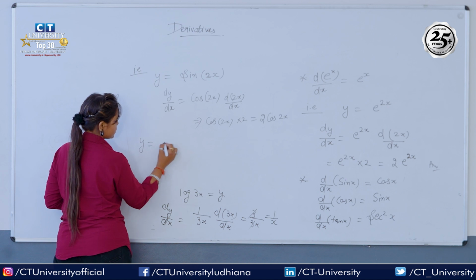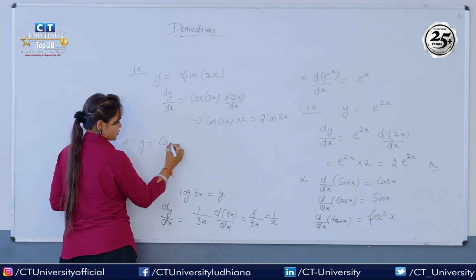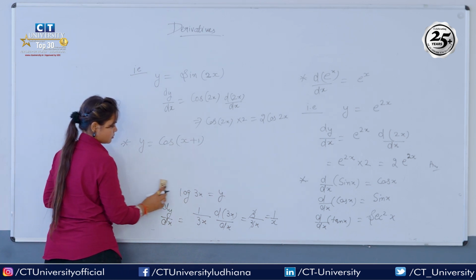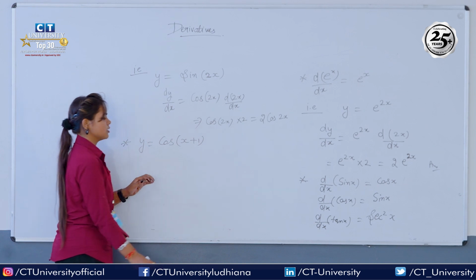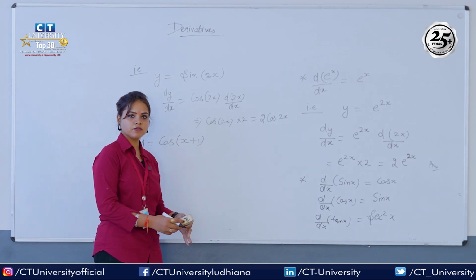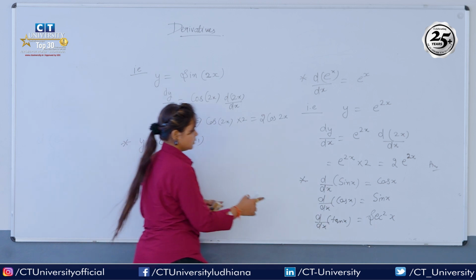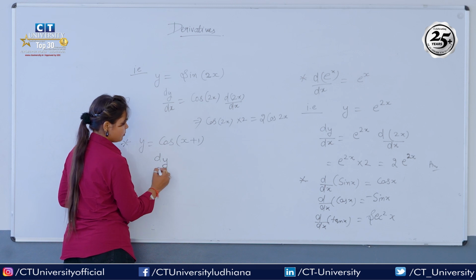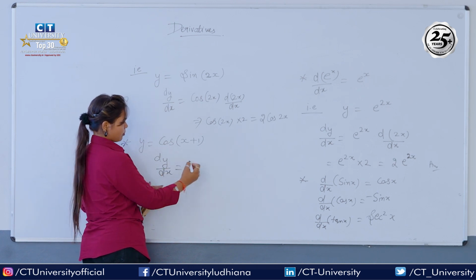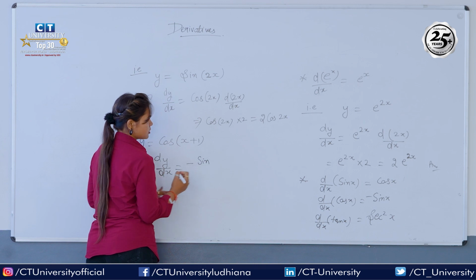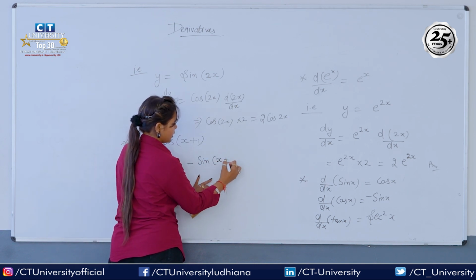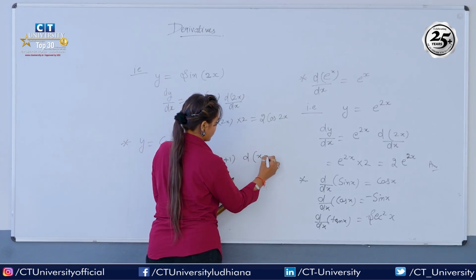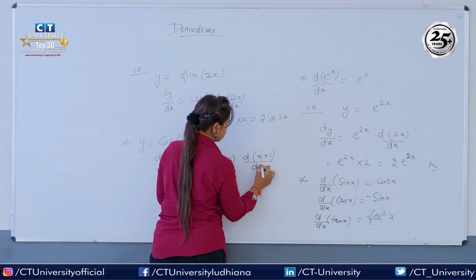For the next example, y is equal to cos of x plus 1. The derivative of cos is minus sin. dy by dx is equal to minus sine of the angle as it is, and again differentiate the angle with respect to x.